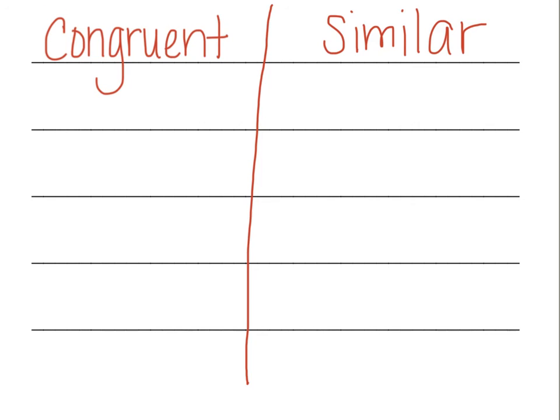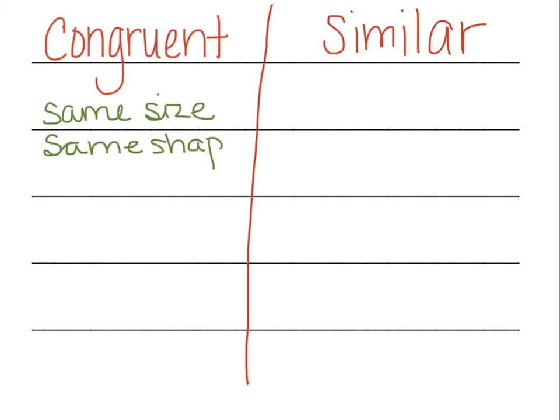Congruent is same size, same shape. They have to be exactly, so if I have a triangle that looks like this, a congruent triangle would look exactly the same way. It's the same size and the same shape.